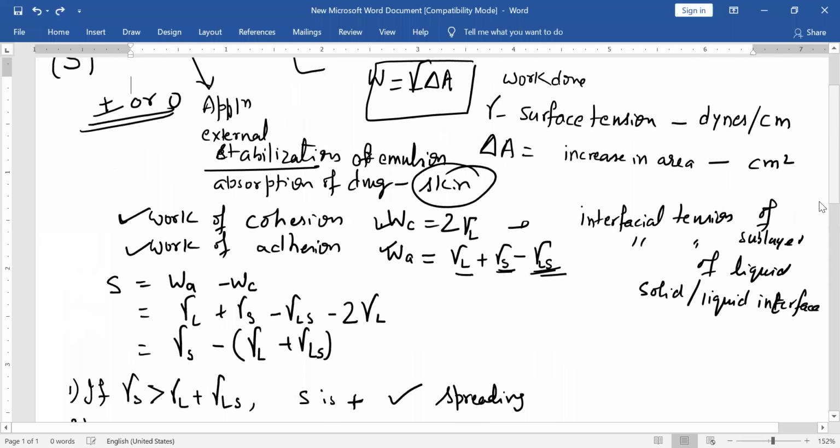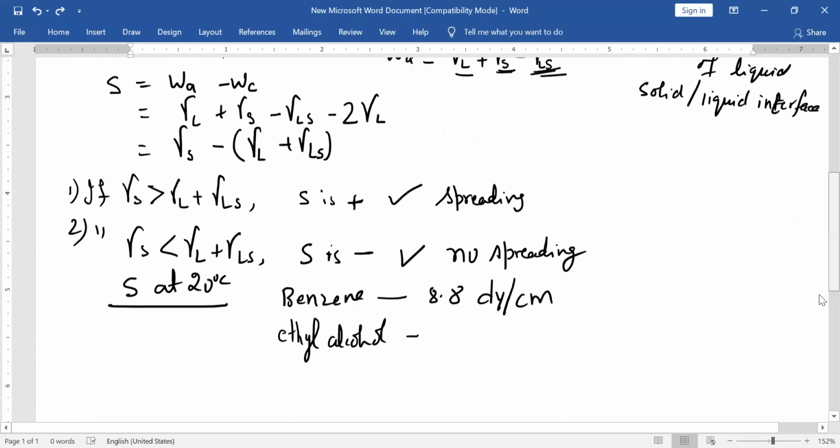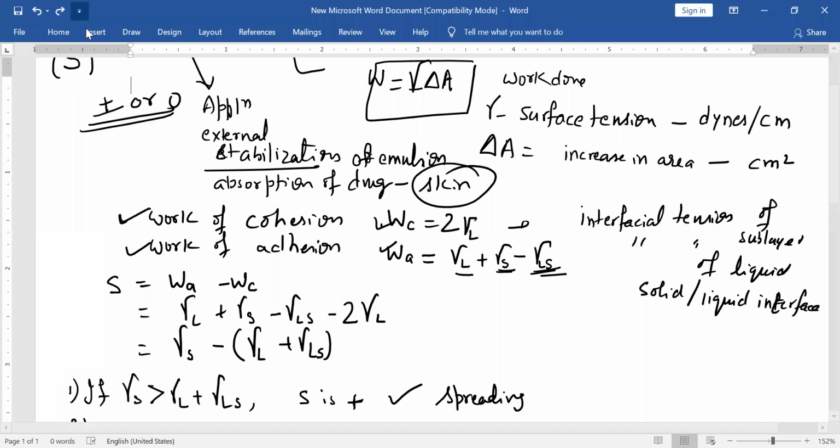Then next comes adsorption at liquid interface.